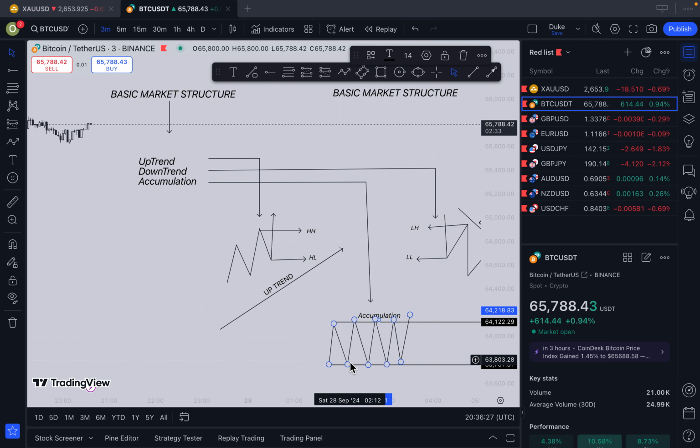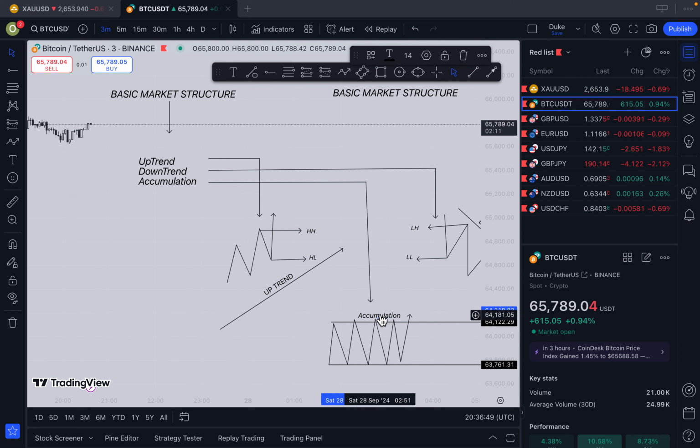Then it goes down completely to this particular low. That is the second sign that the market is in a ranging spot. Then it continues both ways, and some people can actually trade this accumulation, but we don't do that.